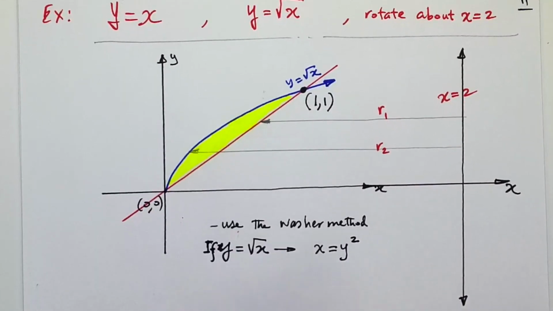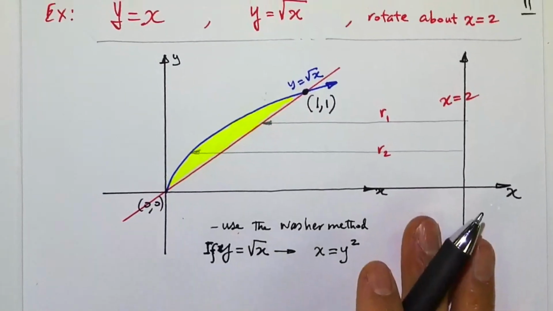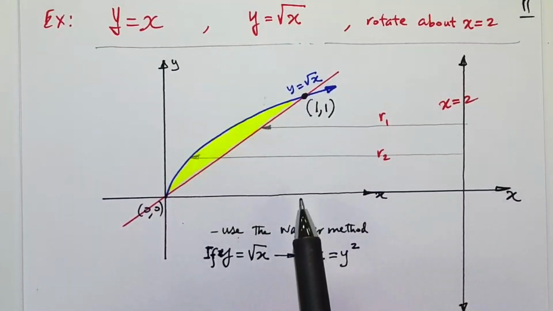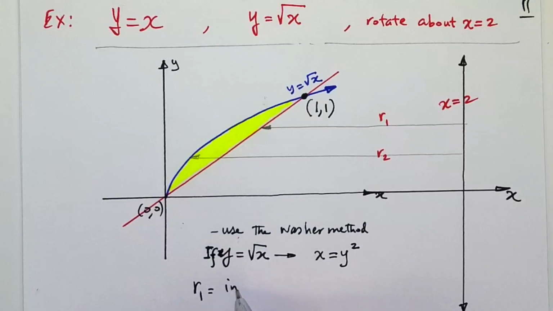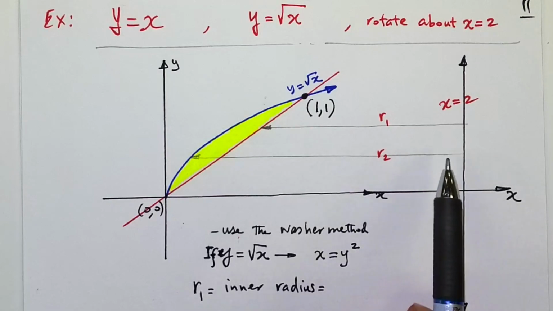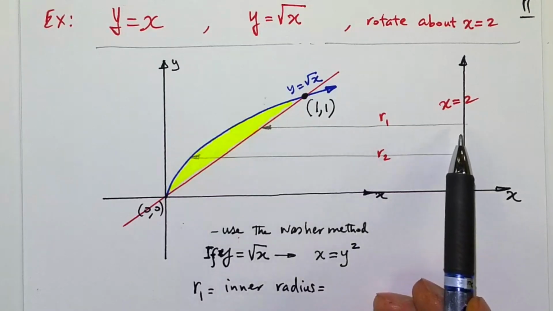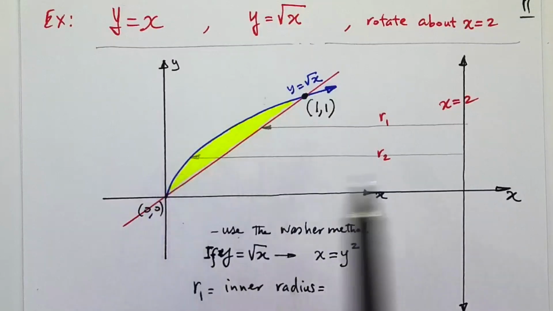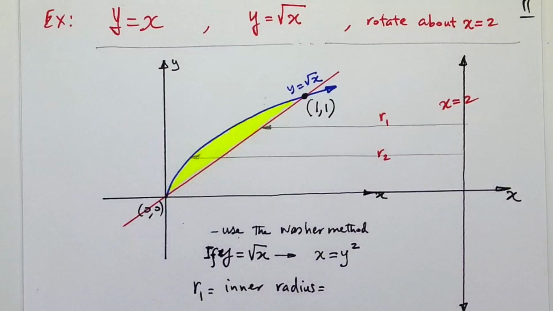Okay, now we are ready to write the inner and the outer radius. So r1 is the inner radius, and that is equal to, so we have from the y-axis to this vertical line, or axis of rotation, let me just do one of these symbols. So that's our axis of rotation.